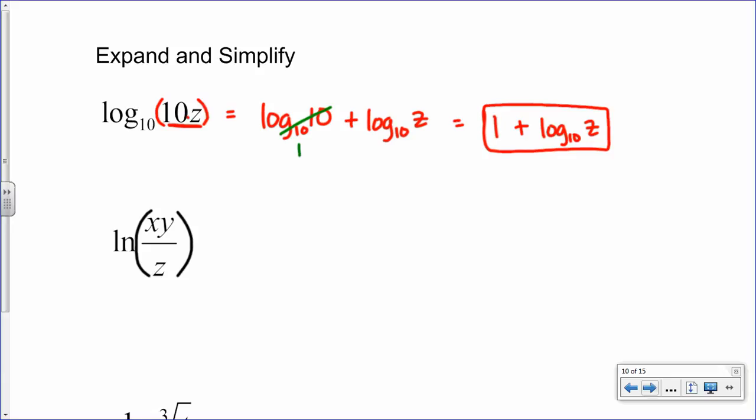Each term will have the natural log with it. So natural log of x plus natural log of y, which shows that multiplication. And then I'm dividing by z, so minus natural log of z. Natural log is base e, and these are x, y, and z, so no simplifying to do after this.